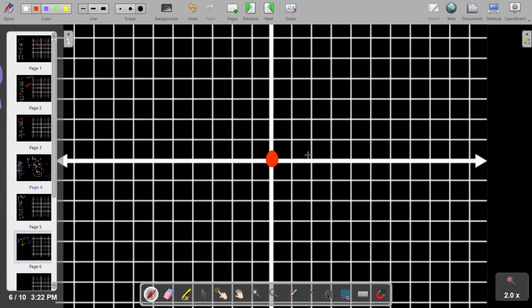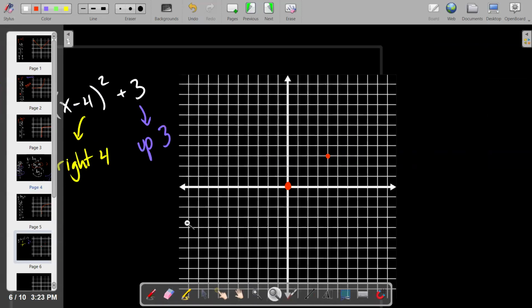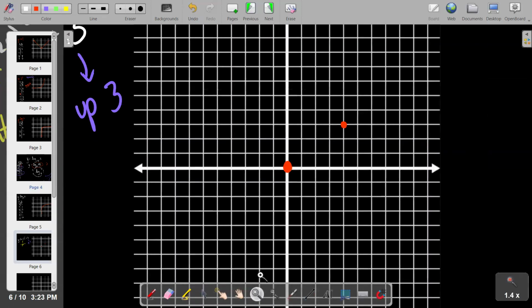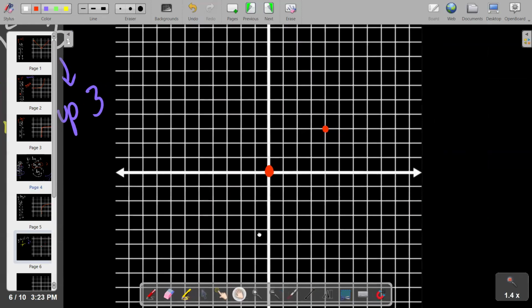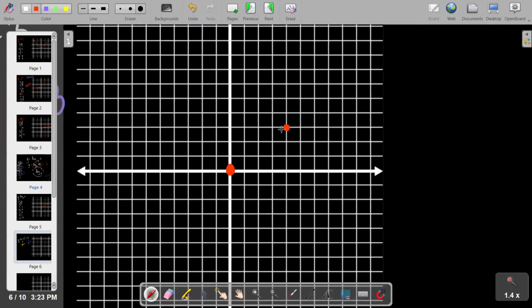So I'm going to go right 1, 2, 3, 4, up 1, 2, 3, and rebuild there. My blueprints are the same. I'm just going to go to a new place. And then from here, I would just rebuild the parent function. How am I going to build those extra points on the outside? You bet. The purple points are going to be my guys.